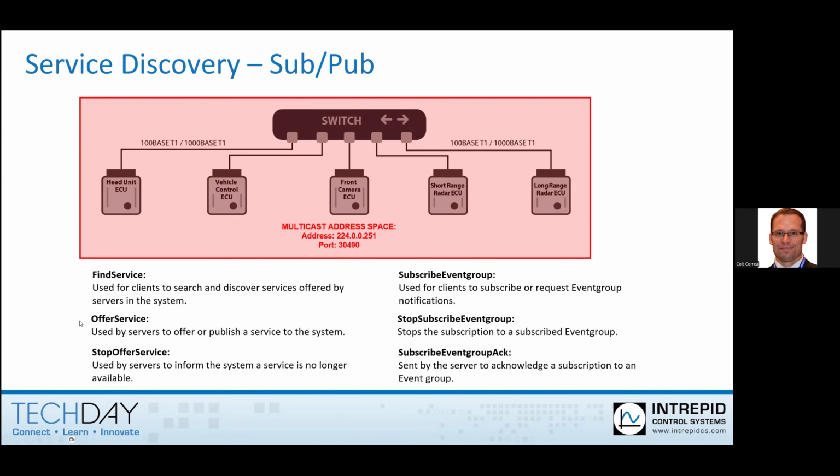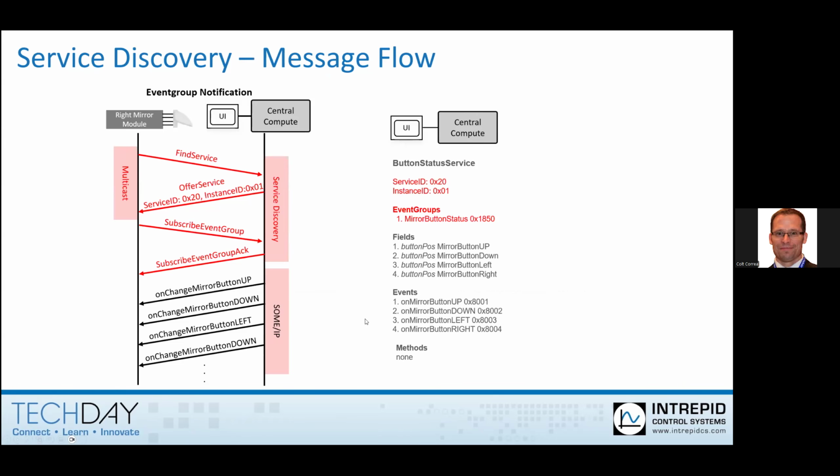There's a find service, an offer service, a stop offer service, subscribe event group, stop subscribe event group, and subscribe event group acknowledge. Those are the 6 communication types for service discovery.